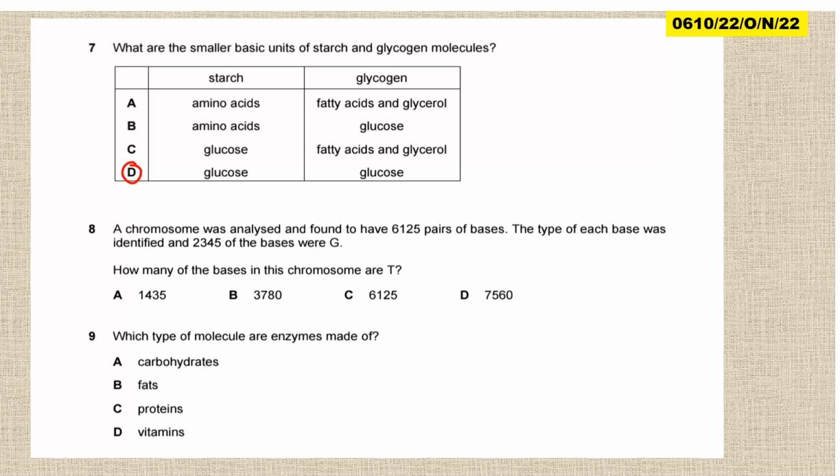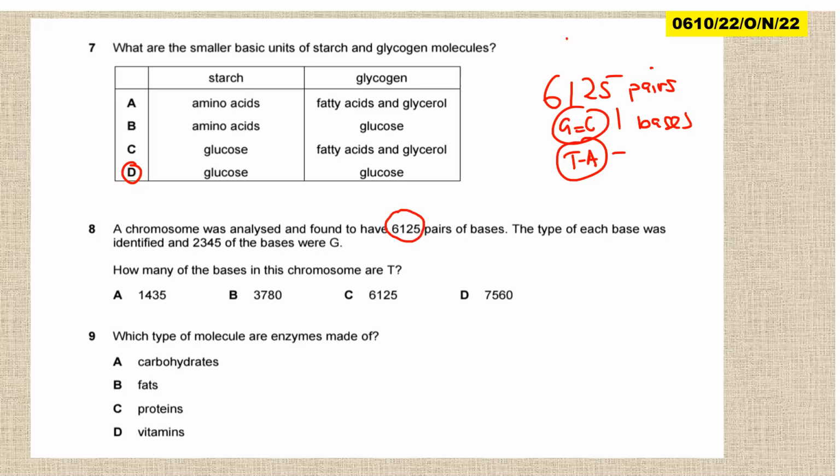Then here is a question on question 8. A chromosome was analyzed and found to have 6,125 base pairs. Now, if these are pairs of bases, you know that a pair is this and that, so there are 2.